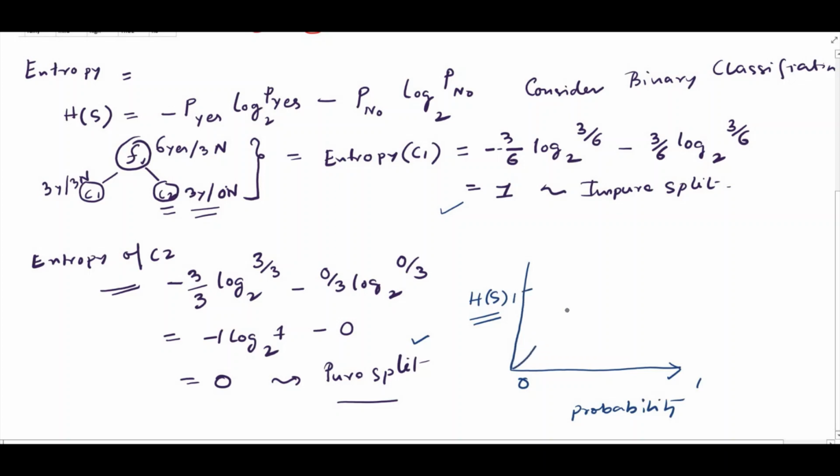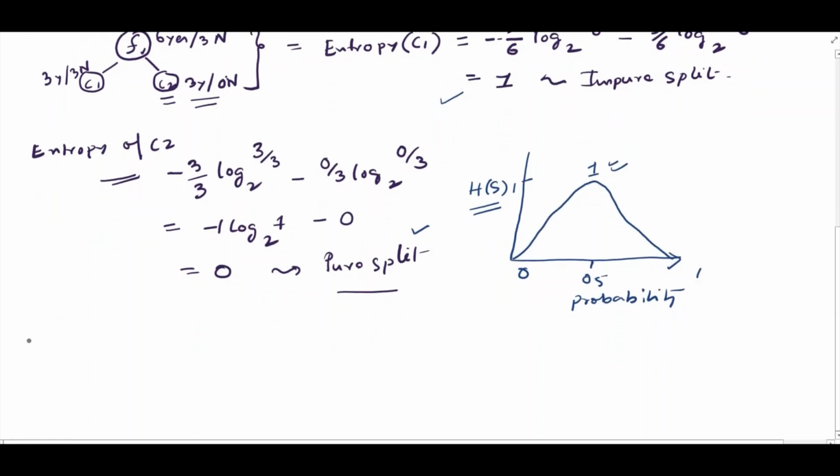The graph will look like this. When the probability is 0.5, the entropy is 1. This is the interesting ratio of this thing. Okay, clear? Fantastic.